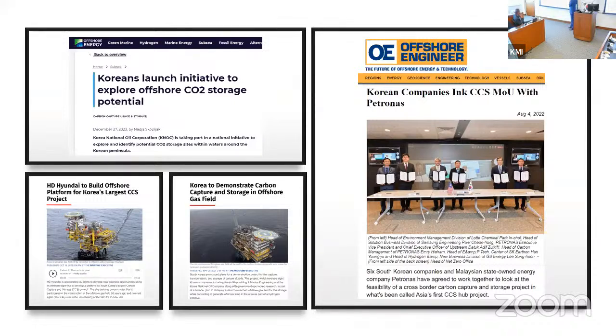They're working with the Malaysians to transport CO2 from Korean industrial facilities to get it out of the atmosphere and to the Malaysian outer continental shelf for injection. And they have numerous initiatives in place.